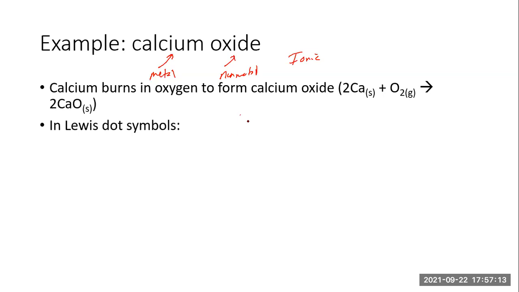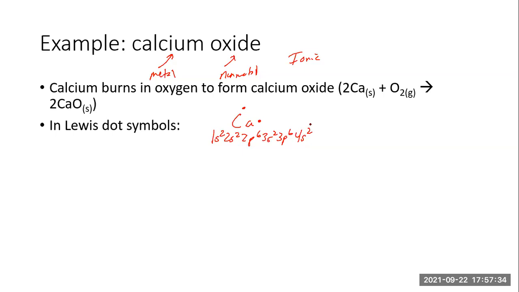So if we were to draw the Lewis dot symbol, it would be calcium with 2 dots, which represents its valence electrons from group number 2. It also has an electron configuration of 1s2, 2s2, 2p6, 3s2, 3p6, 4s2.